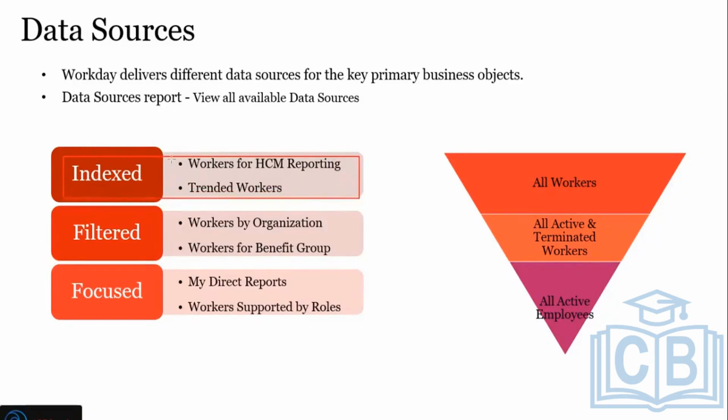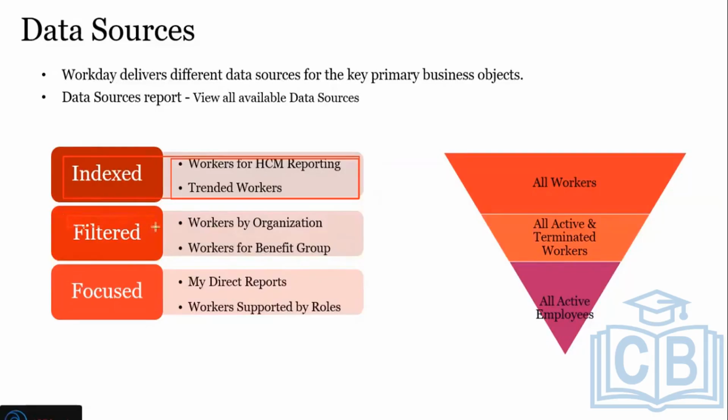These are some of the examples of indexed data sources available on your worker business object. If there is an indexed data source available which can take care of your requirements, start with that. If there are no indexed data sources available, then you would go for a standard data source.